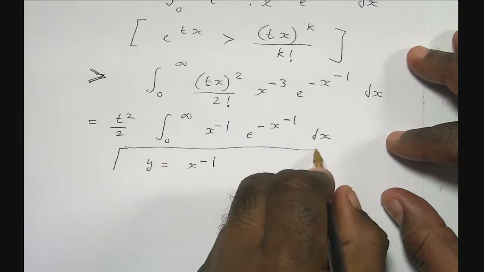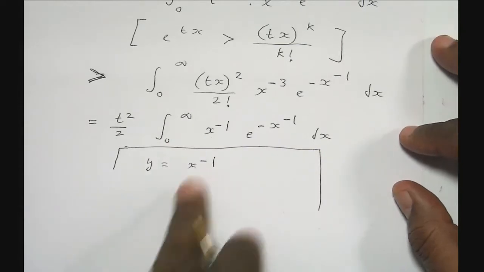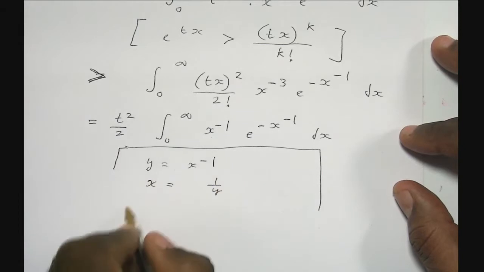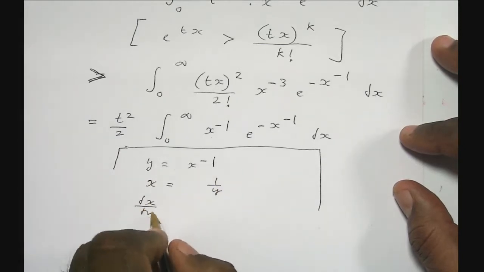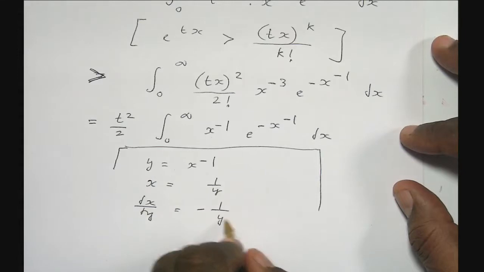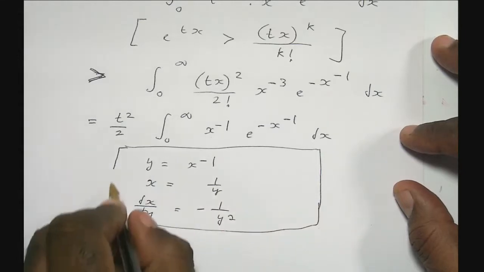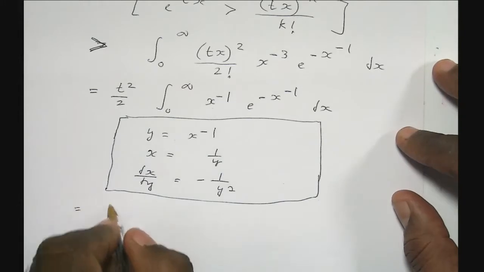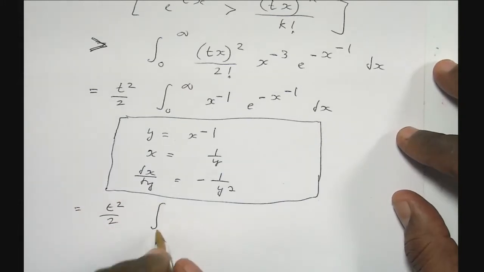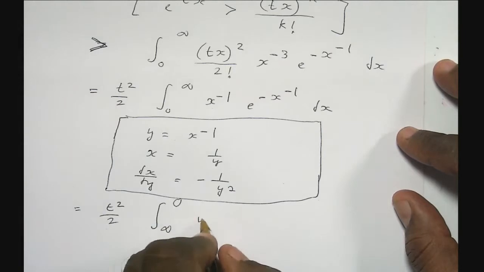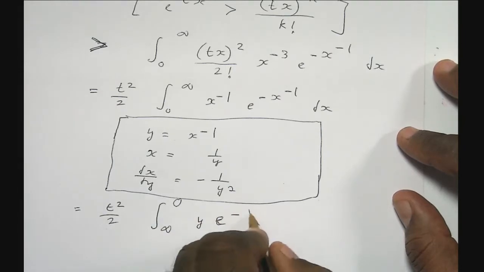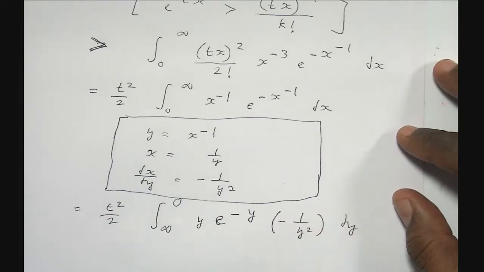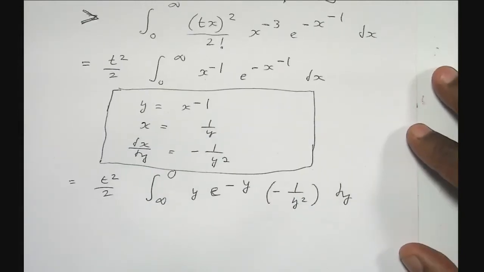I'm going to make the substitution. So x is equal to 1 divided by y. dx by dy is minus 1 over y squared. So this becomes t squared over 2.